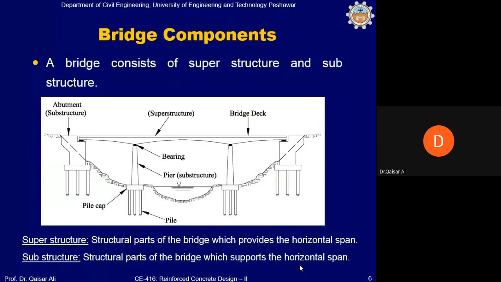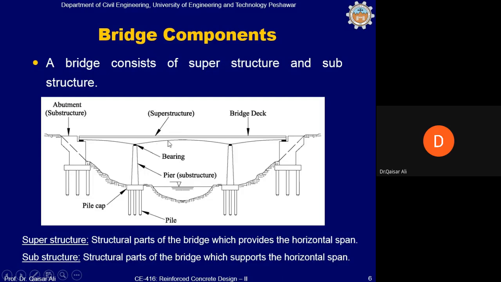A bridge consists of basically two components, superstructure and substructure. The superstructure is defined as those structural parts of the bridge which provide the horizontal span, and the substructure is the part of the bridge which supports the horizontal span. Now you can see the arrow, this horizontal span.